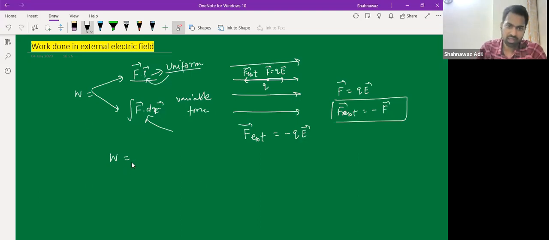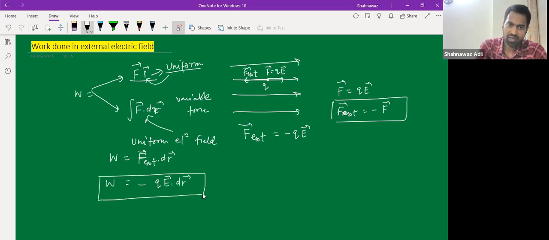So work done in the uniform electric field would be minus F external dot dr, and this would be minus QE dot dr. Okay, this is let's say W.